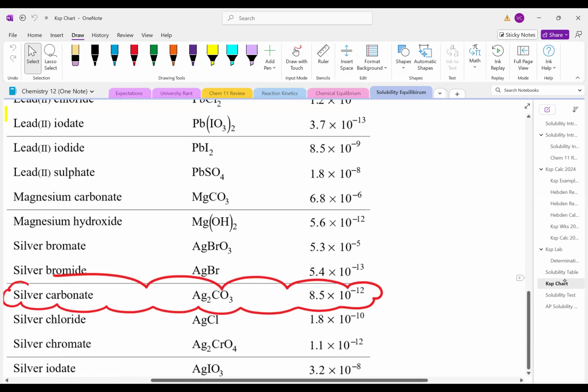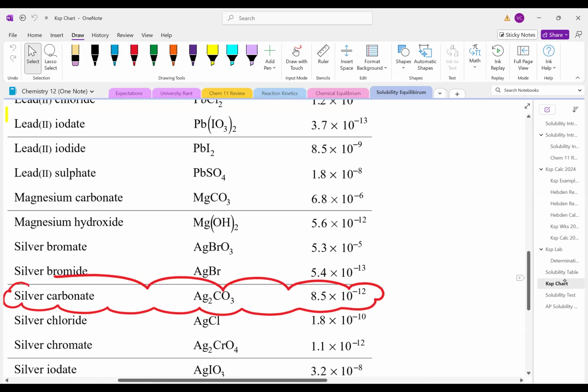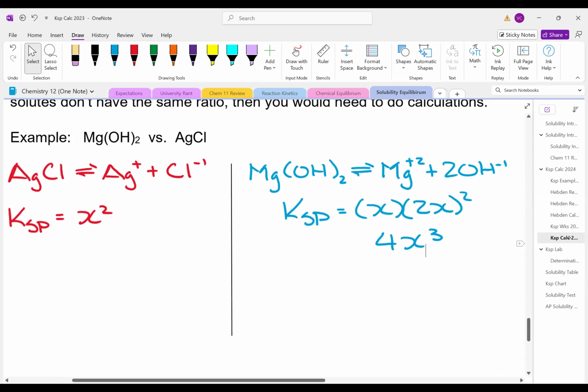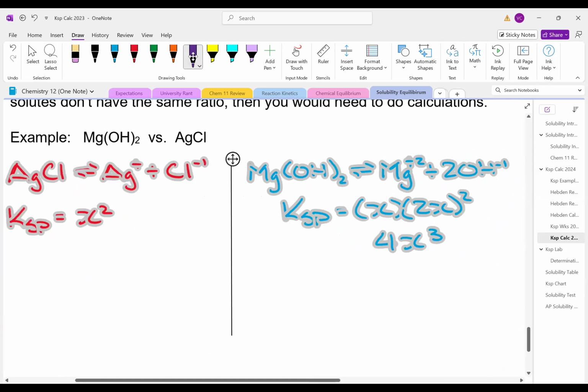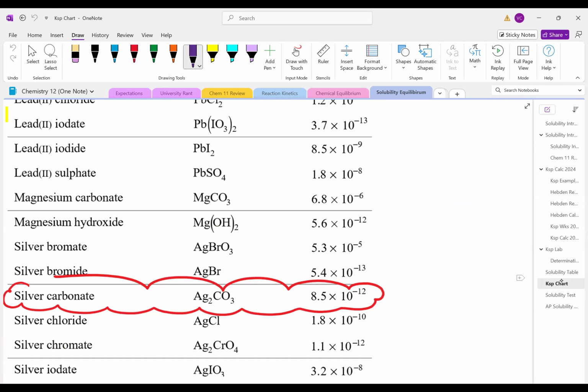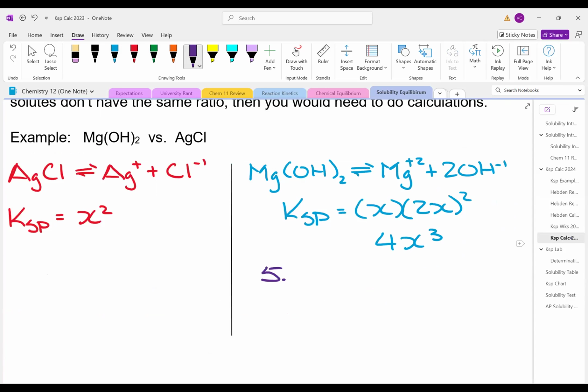For Mg(OH)2, looking at the solubility chart, it was 5.6 times 10 to the negative 12, which is equal to 4x cubed.